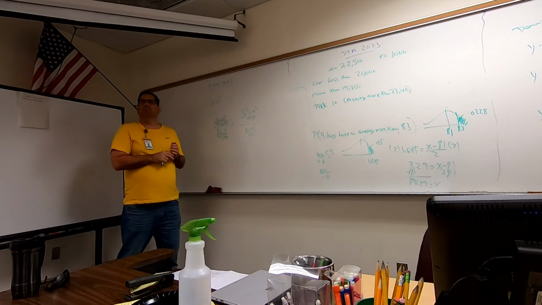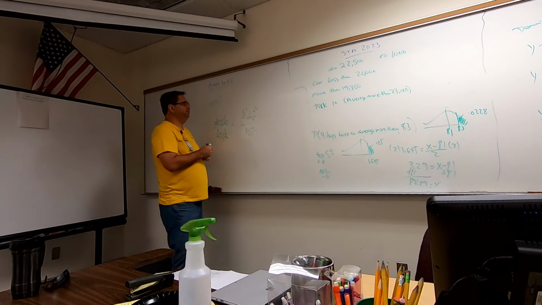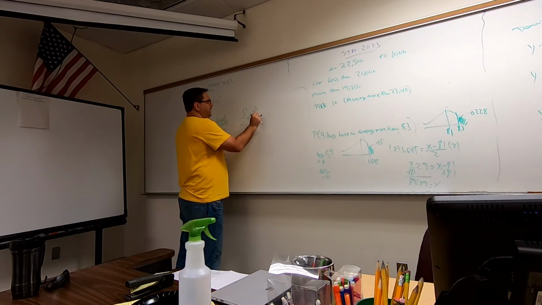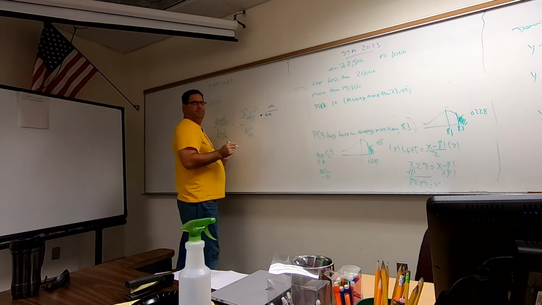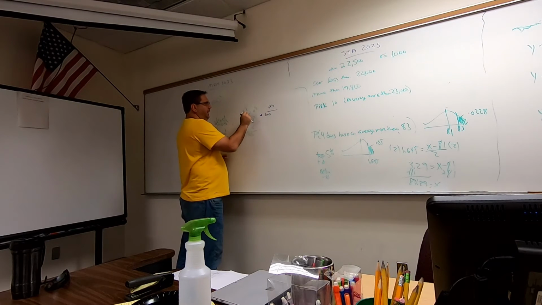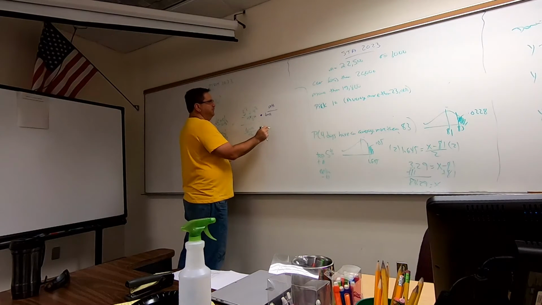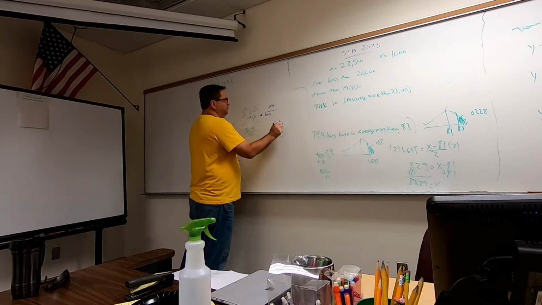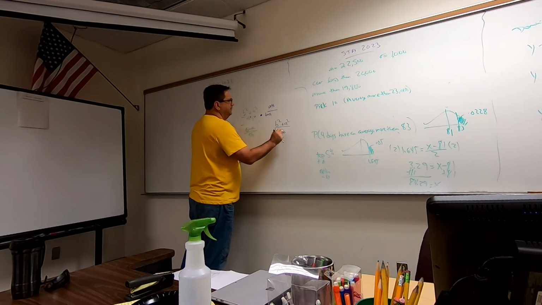Now, what we're going to do? Keep, change, flip. Keep, change, flip. A and a squared cancel, b squared cancel. So what you're left with is b squared plus a squared over ab times b minus a.